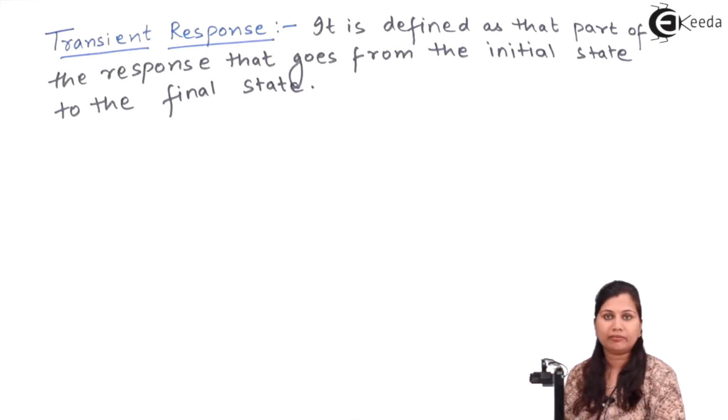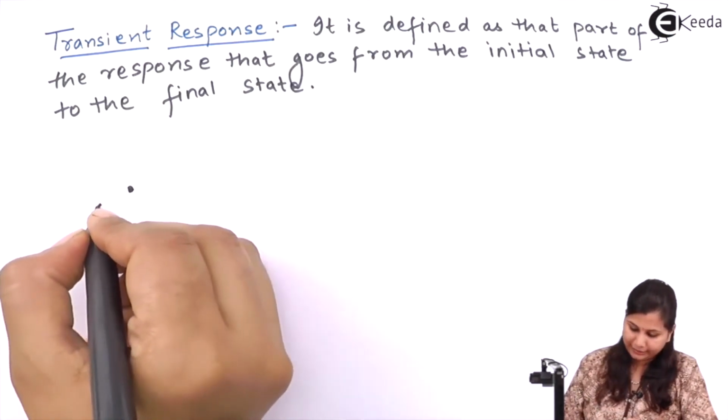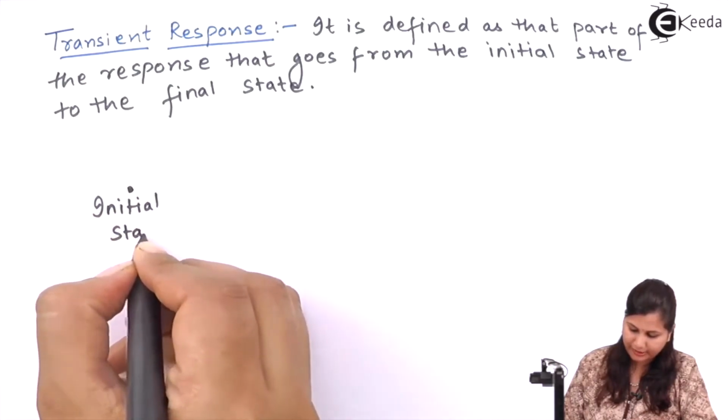Suppose this is the system, and the first state of the system we call the initial state.